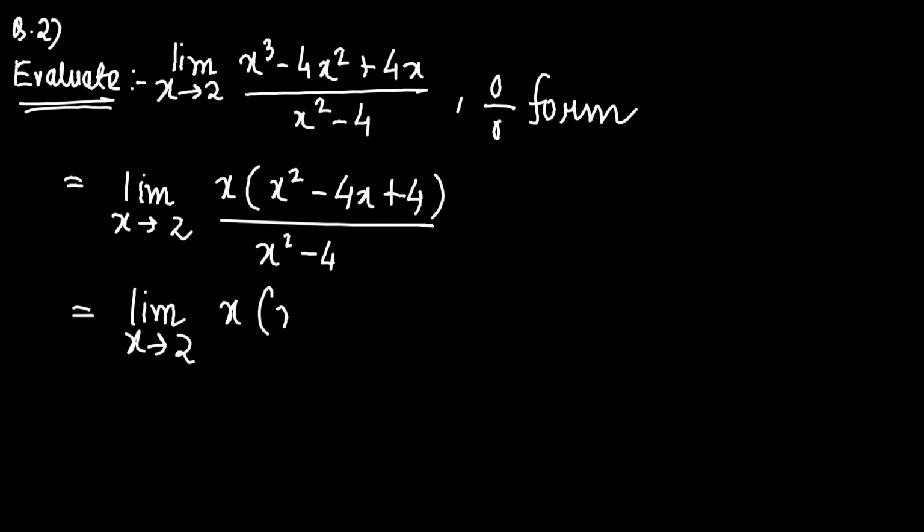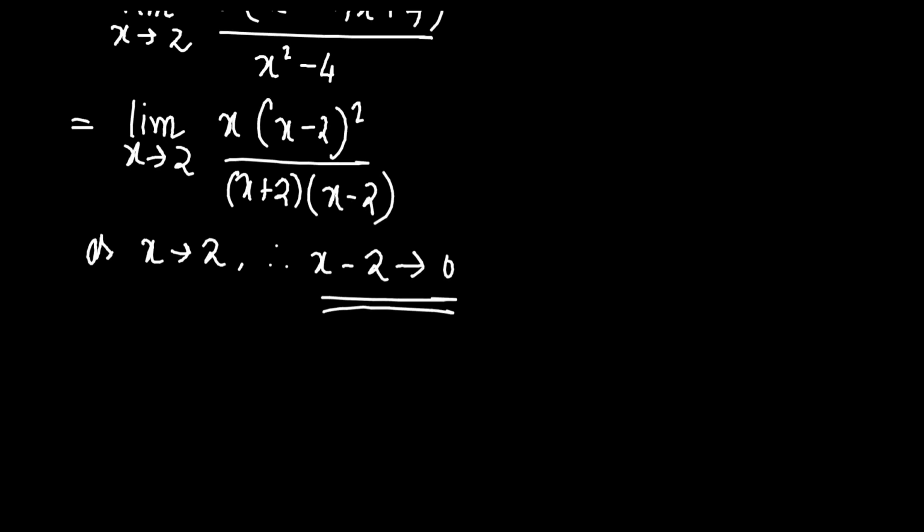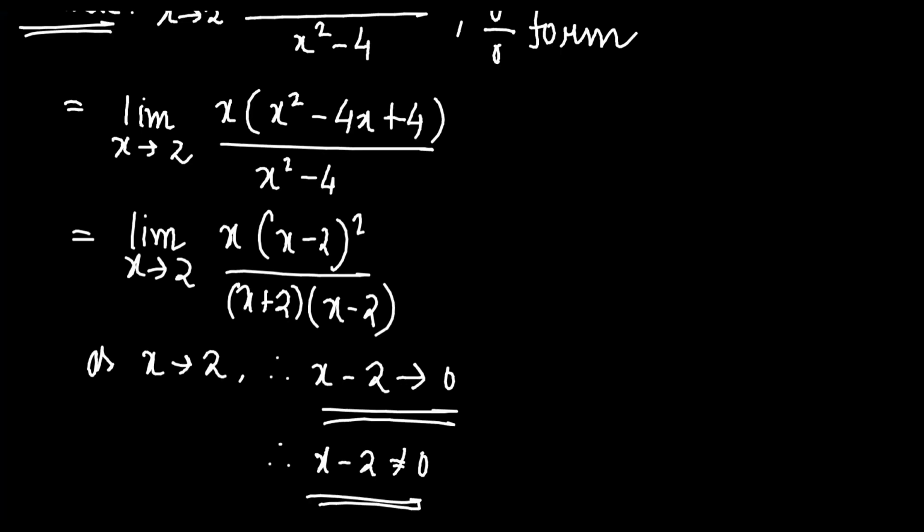So it is x minus 2 whole square by x square minus 4, which by the x square minus b square formula is x plus 2 into x minus 2. Now here, as x is tending towards 2, therefore x minus 2 is tending towards 0, so x minus 2 is not equal to 0, and if it is not equal to 0, then we can cancel out one x minus 2.